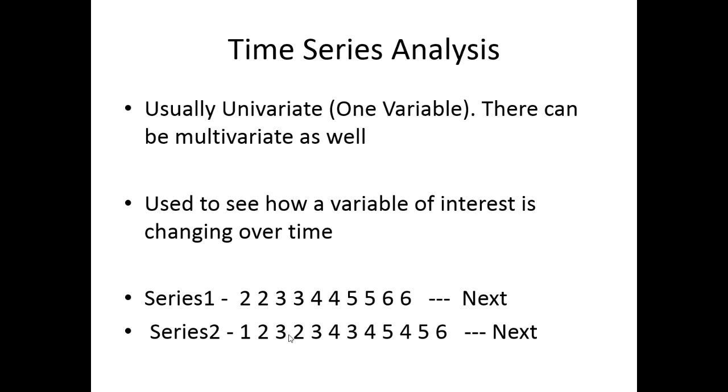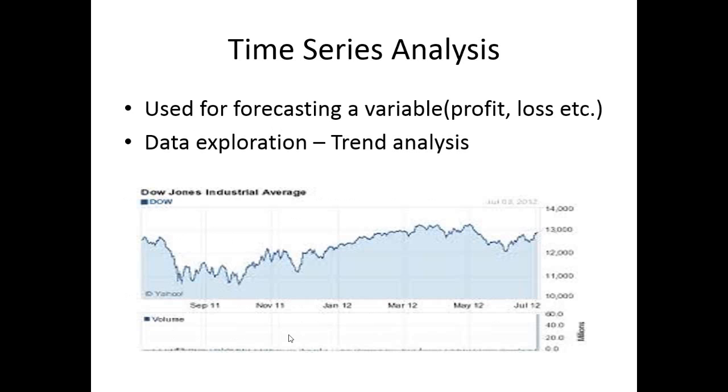It will be very haphazard, and it's really difficult to find the pattern. Look at a graph. It's a Dow Jones Industrial Average plot for September 2011 to July 2012. It decreases, then stabilizes for some time, and then it increases over time.